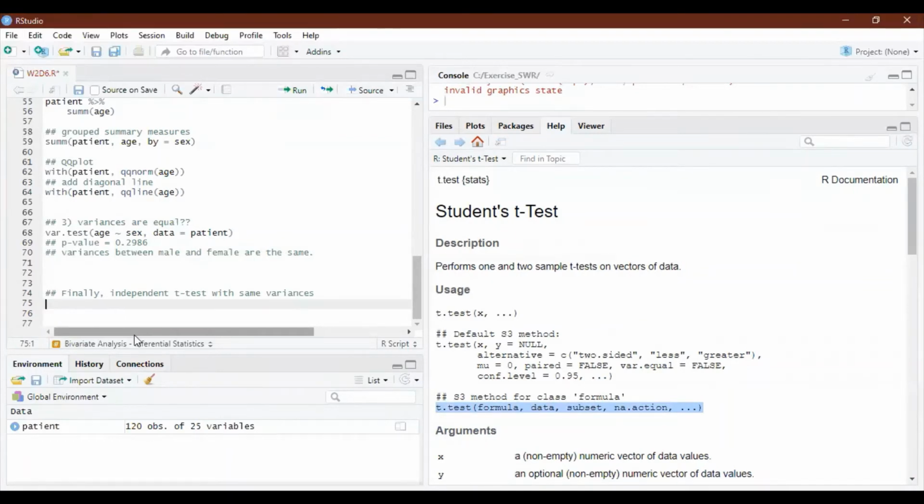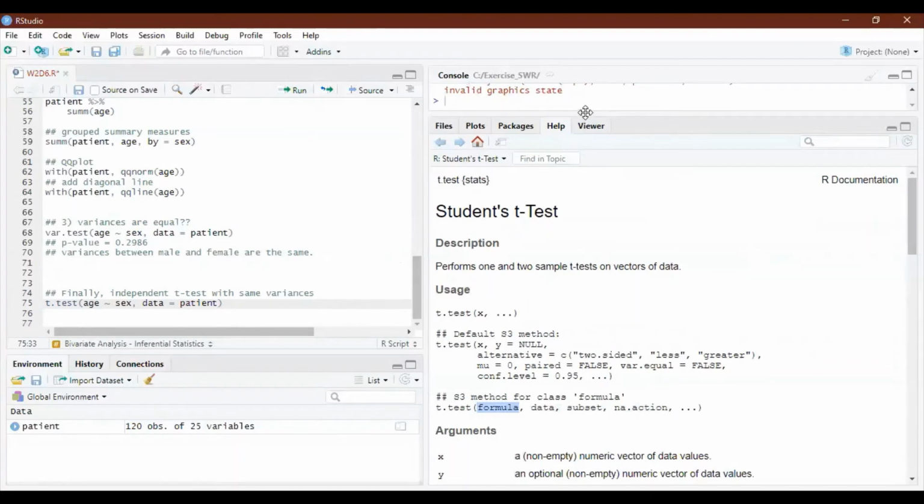We say t.test, and we need to put the formula, so we say t.test age, and then the tilde sign. This is called the tilde sign; it is above the tab key or below the escape key on your keyboard. So age grouped by sex, and then we use our data, patient.